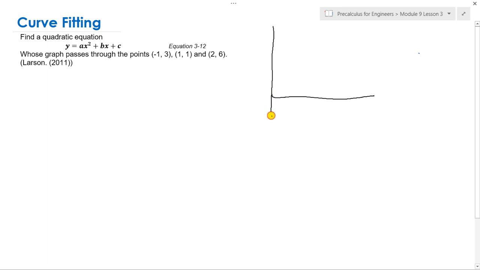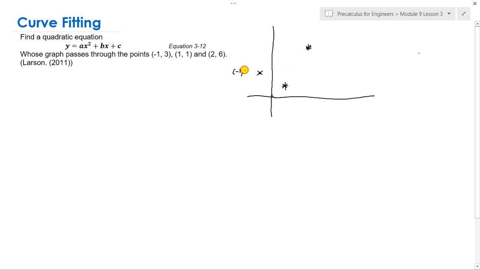Now, if we're going to graph this, negative 1, 3 is possibly here in quadrant 2. Then we have 1, 1, so here. Then we have 2, 6, somewhere higher.